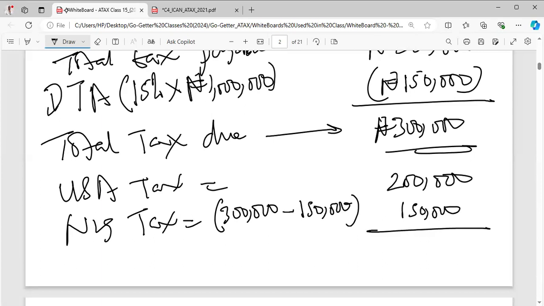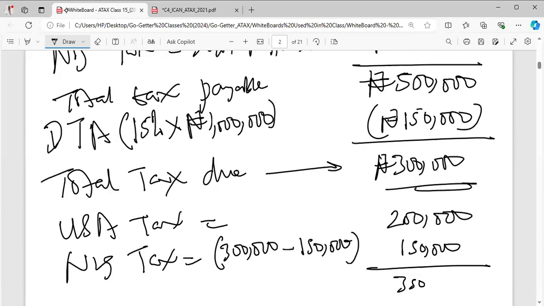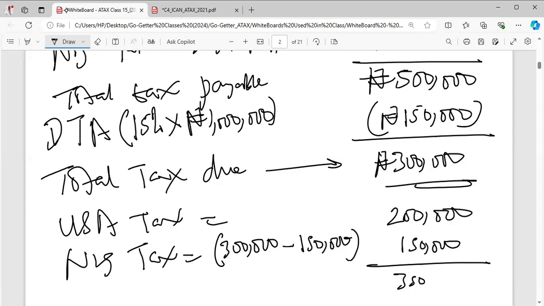Total is 300. Sorry, is it 350 or 300 I said? This is 350. Let me write it well. So this is 350. So you see how the breakdown is gotten.